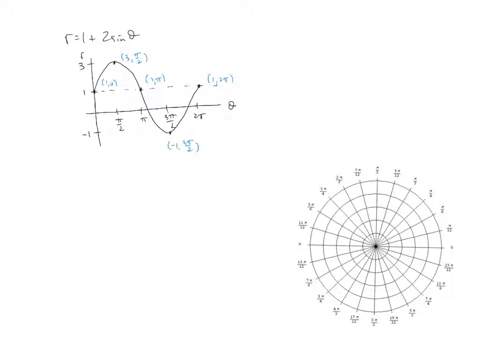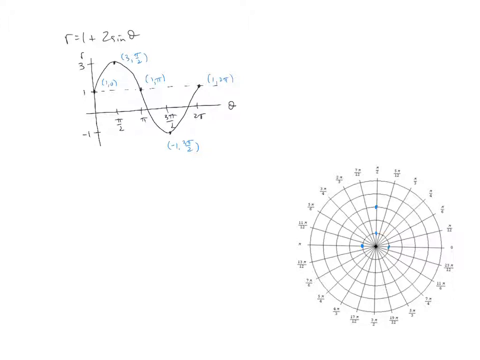We've got the point 1, 0, which would be right here. We've got the point 3, pi over 2, which would be out on the 3rd circle, but pi over 2. 1, pi, puts us right here. Negative 1, 3 pi over 2. It's right there. And then back to 1, 2 pi.